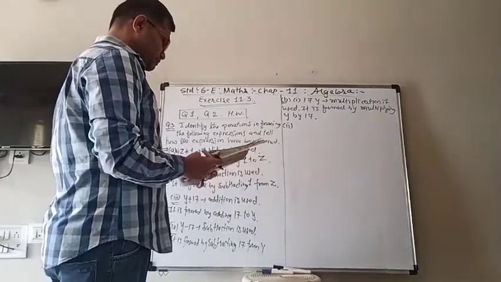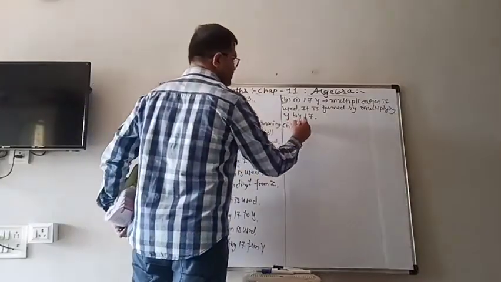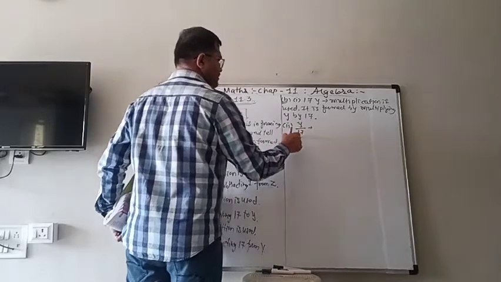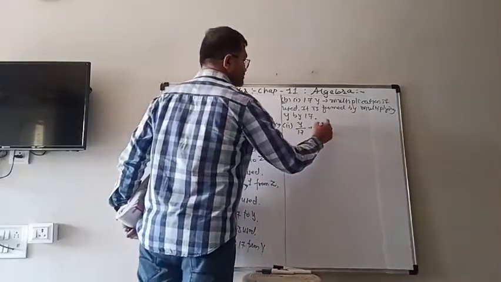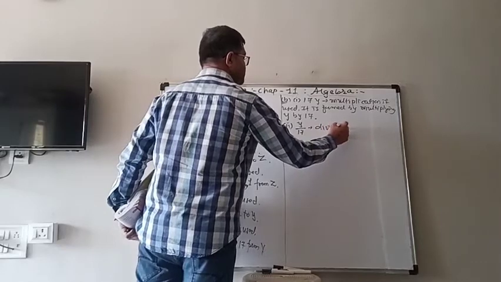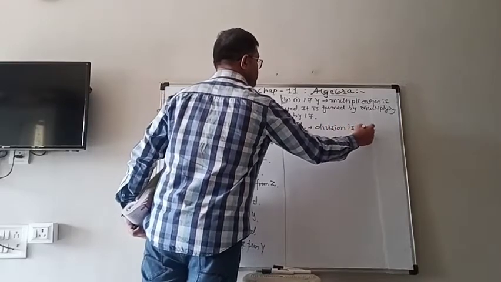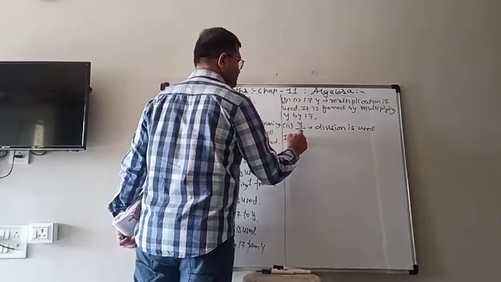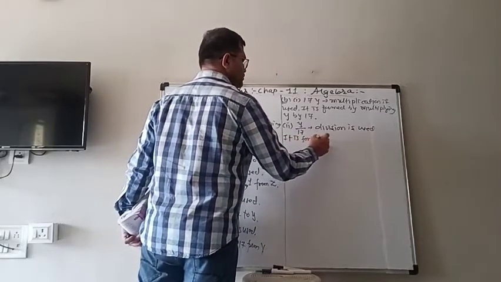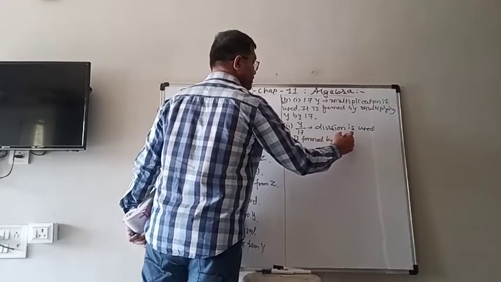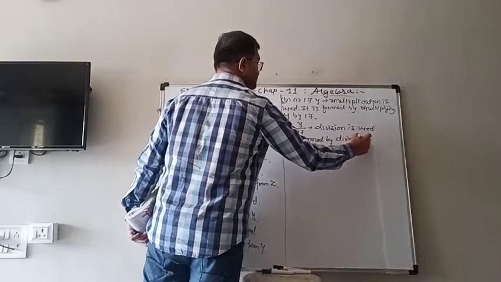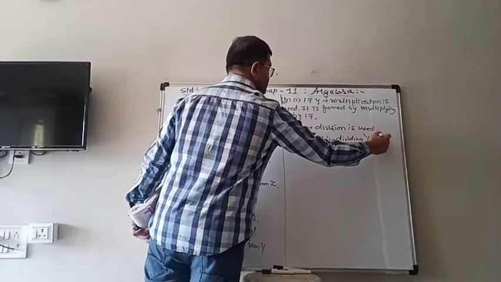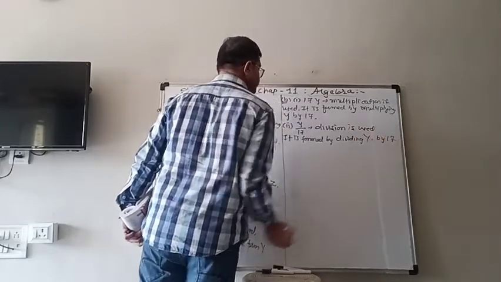In the second, it is y upon 17. When there is a fraction, it is division, so division is used, and it is formed by dividing y by 17.